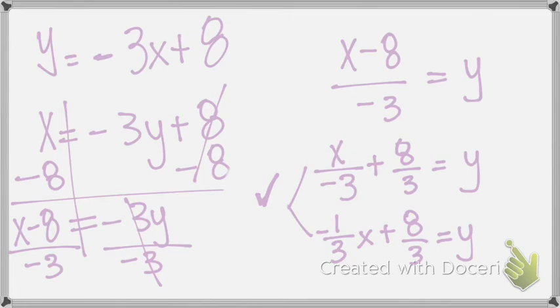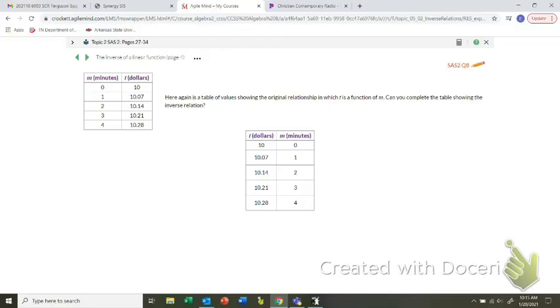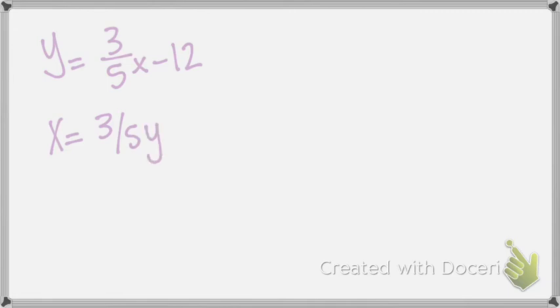Now, let's look at 21. 21's a little bit different. We've got finding the inverse of y equals 3 over 5x minus 12. So, first things first. X equals 3 over 5y minus 12.